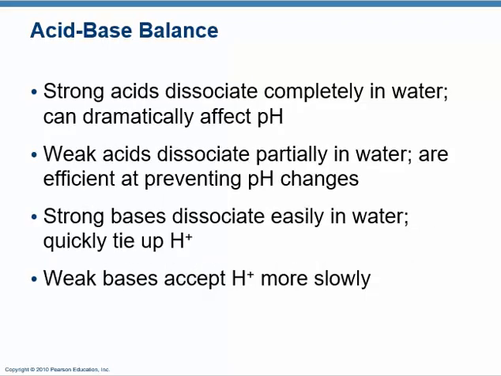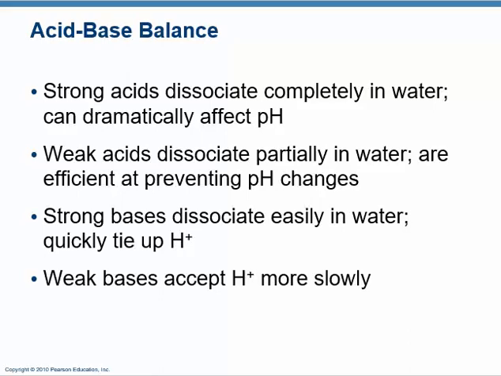To understand how this is going to work, we have to understand association and dissociation. An acid is held together by ionic bonds. The hydrogen ion has an ionic bond with the anion. If it's a strong acid, it dissociates almost completely in water and releases a lot of hydrogen ions, and so the hydrogen ion content goes way up.